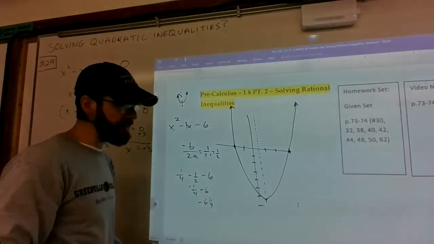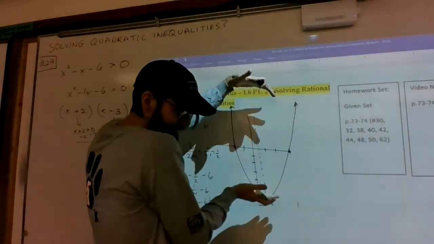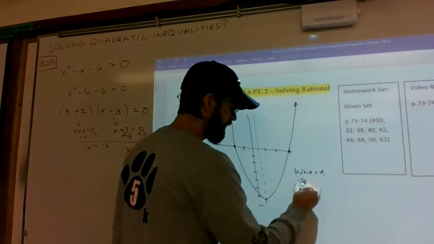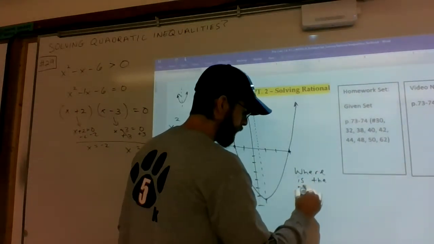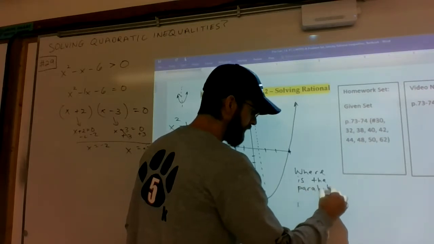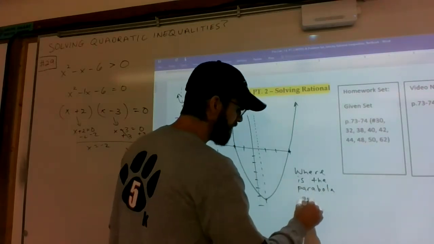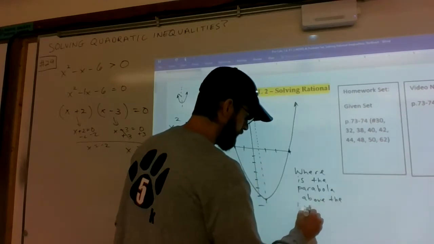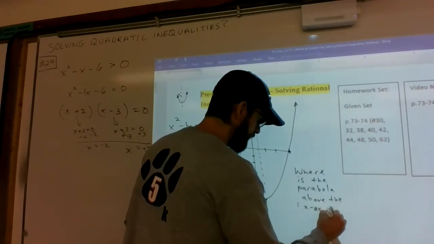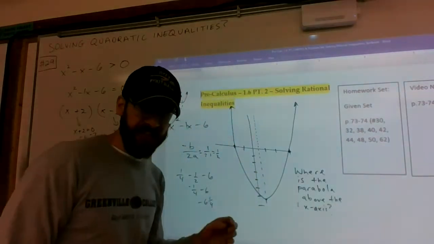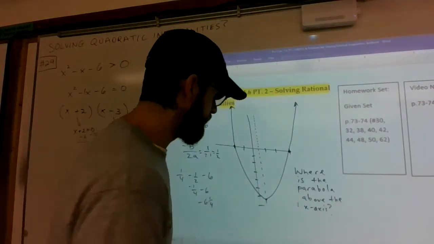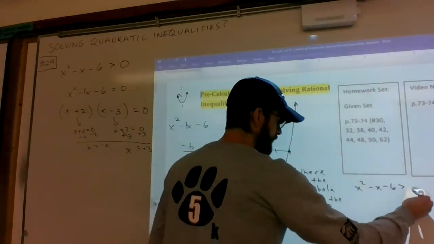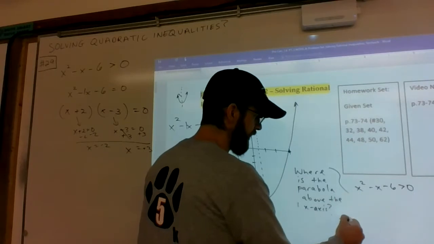In fact, I'd write that down if you're taking notes with my graphing here. Where is the parabola, or the quadratic, whatever you want to call it, above the x-axis? That's the equivalent question. These are basically asking the same thing.